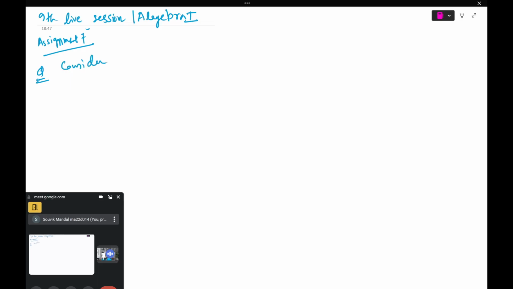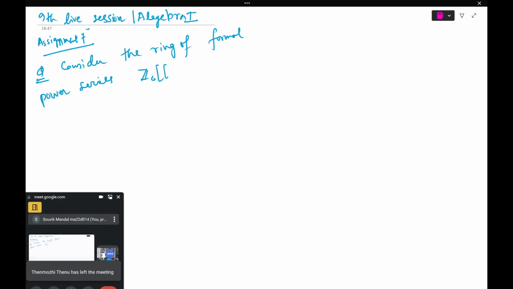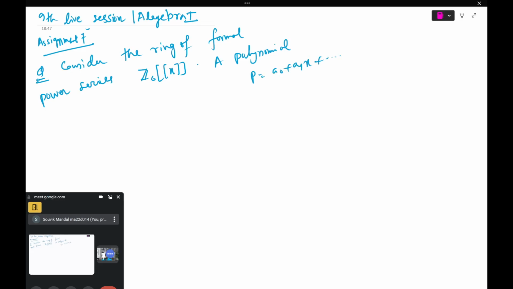Consider the ring of formal power series Z6 double bracket X, the power series ring over Z6, and a power series P equal to a0 plus a1X plus dot dot dot, which is given to be a unit in the ring Z6 double bracket X.